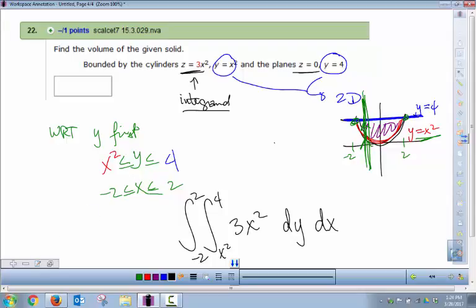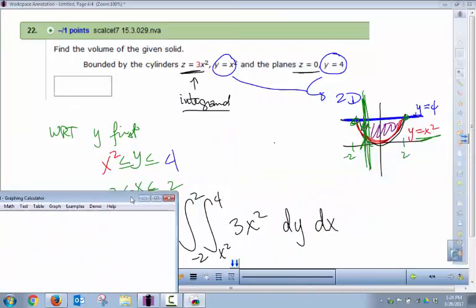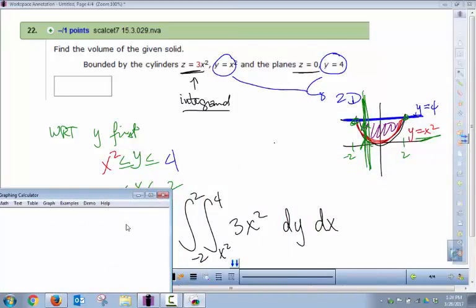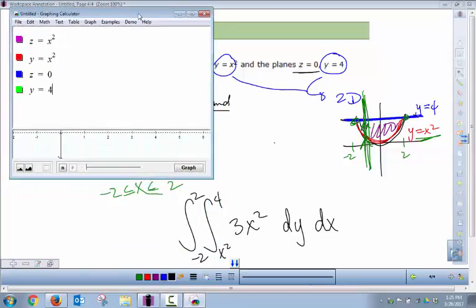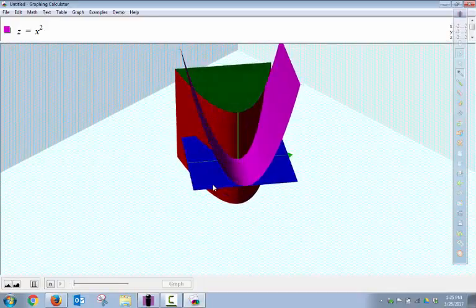All right, just for fun, let's take a look at this. And let's see if we can identify where our surface is.